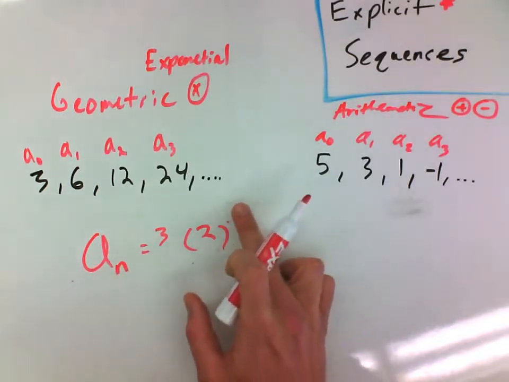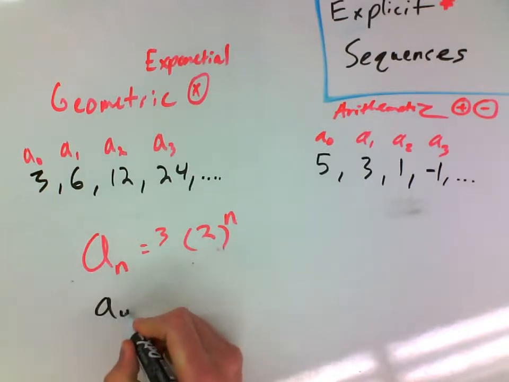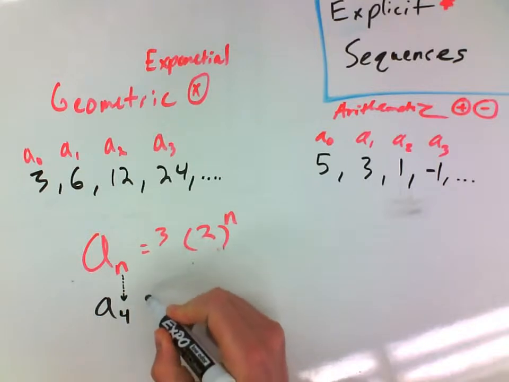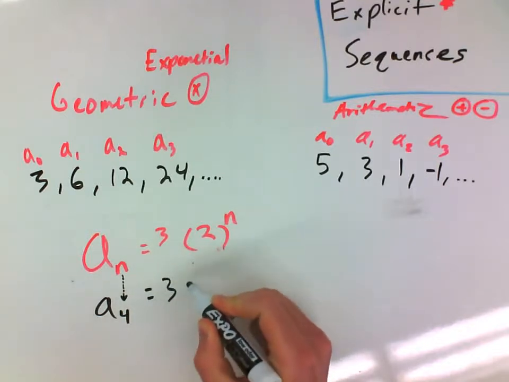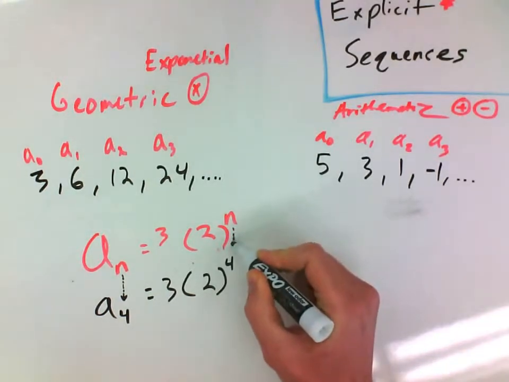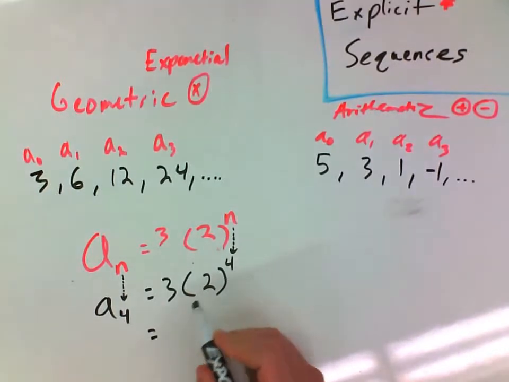That n is my variable, and I just put this right here, right? That way, if the question was to ask me, I don't know, what a sub 4 is, see how all they did was change that n into a 4? Well, that tells me that to find a sub 4, I plug in a 4, change this in right here. 2 to the 4th is 16. 3 times 16 is 48.